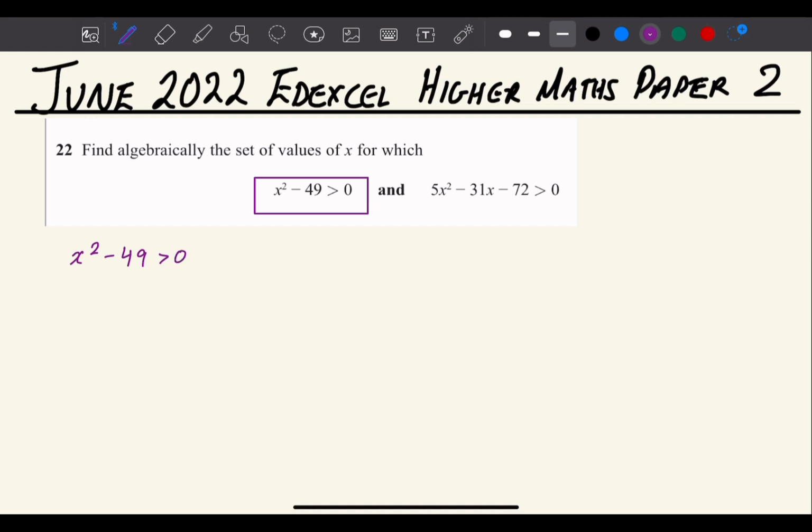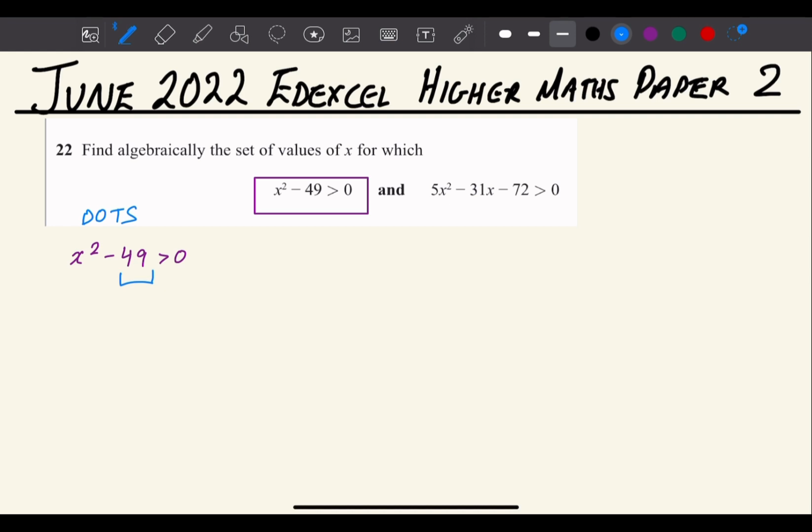So we're solving for x, right? There are different ways to solve this, but the easiest is to spot that it's a difference of two squares. The trick to spotting it is if you don't have any x terms, and the number without any x terms is a square number.